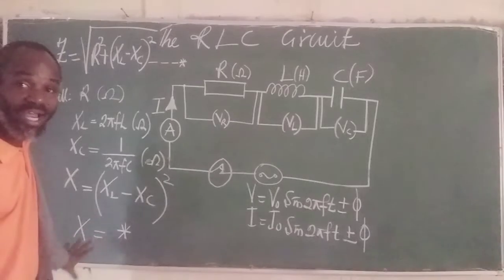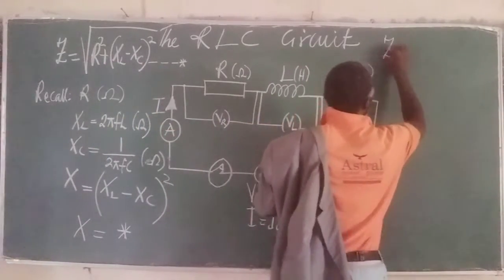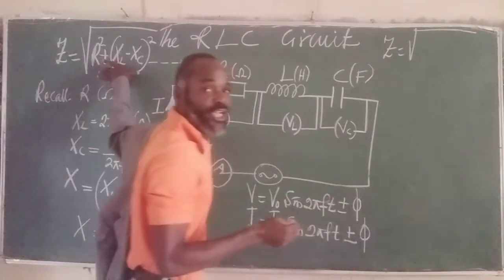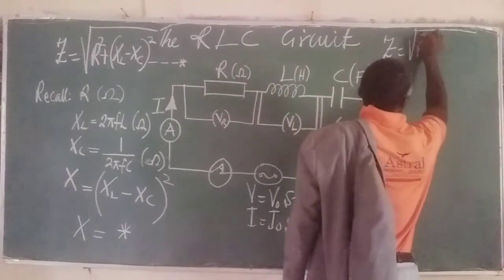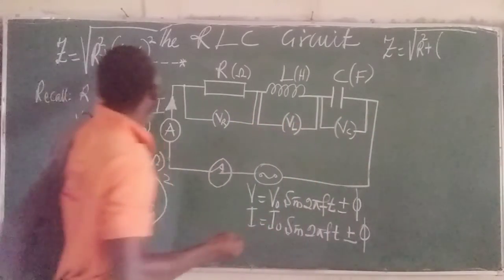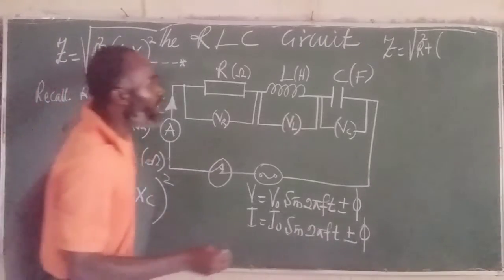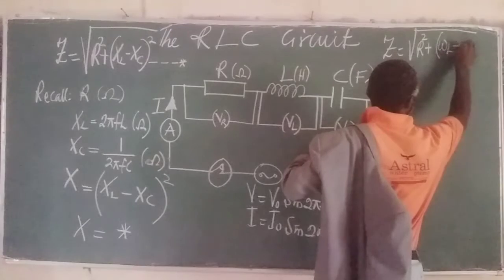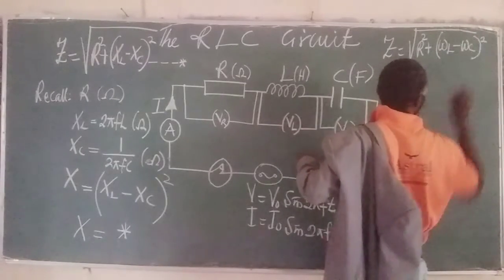So equation Z equal to all that. We maintain our resistance as R squared plus, bracket open, for inductive reactance we use omega L, for capacitive reactance we use omega C, and all brackets squared.